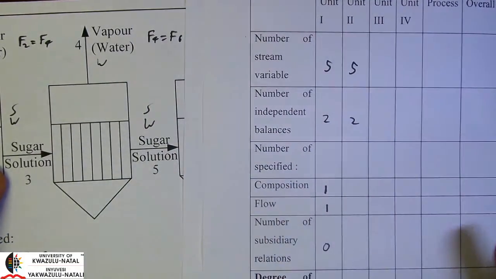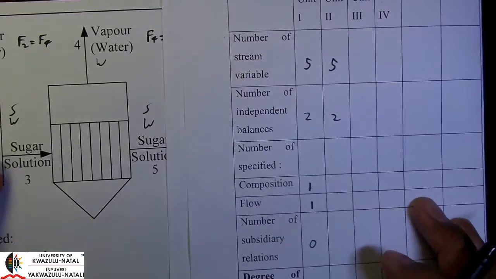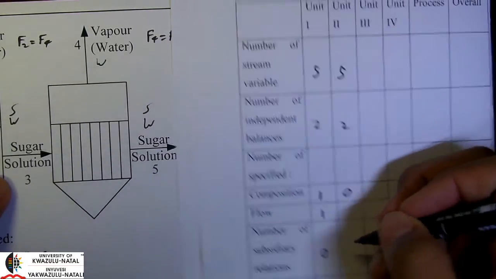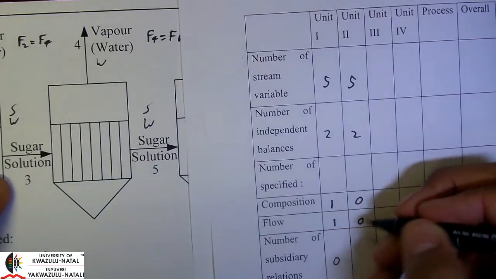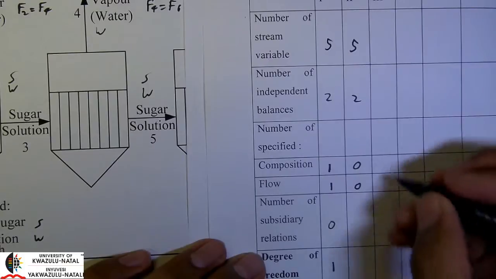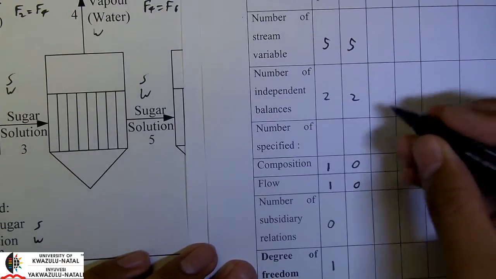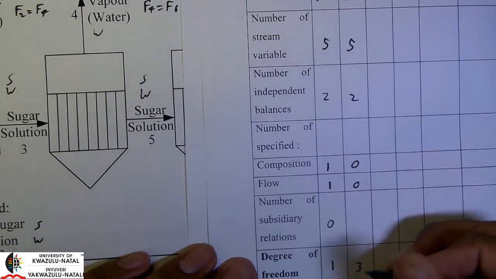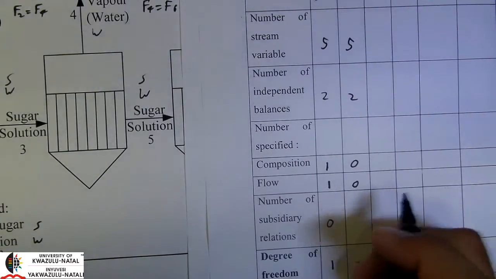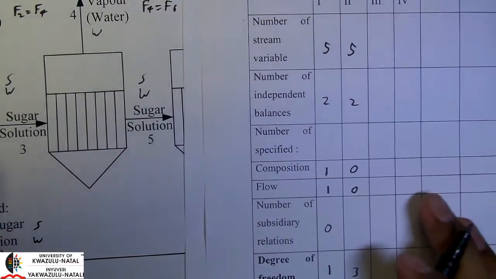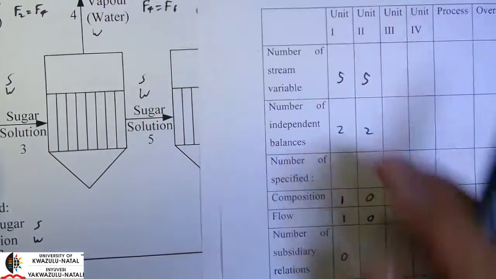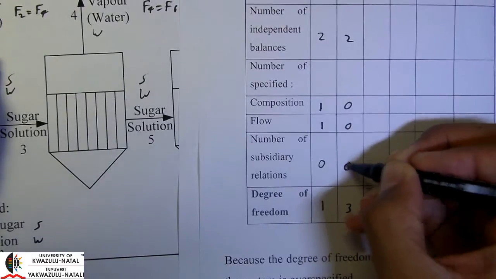However, in this case we have absolutely no specified compositions and also no flows. So our degree of freedom is simply 5 minus 2, and that's 3. Okay, that's quite a high degree of freedom. Also, once again, our subsidiary relation cannot help us, so it's not worth counting.